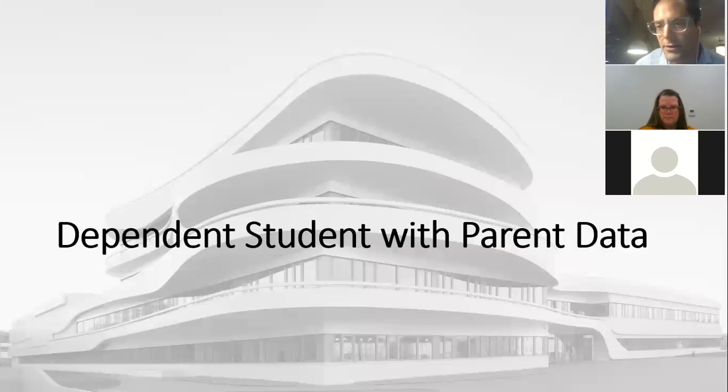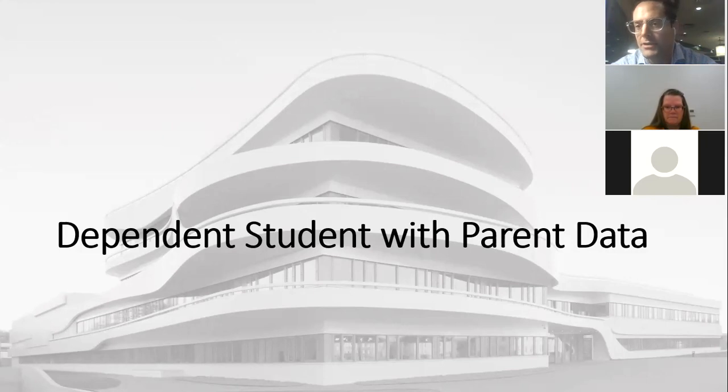Now I'm going to stop here because there's a specific piece that we need to know about the FAFSA in terms of the student. Your student can either be classified as a dependent student or an independent student. And I want to tell you right now, don't think of these terms in terms of taxes. A student being dependent on you in terms of taxes is not the same definition or criteria as in terms of the FAFSA.